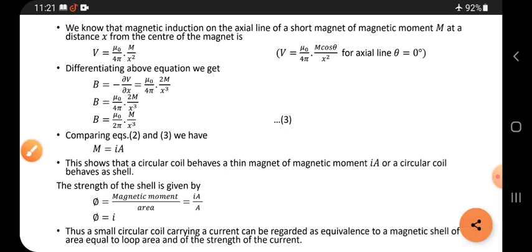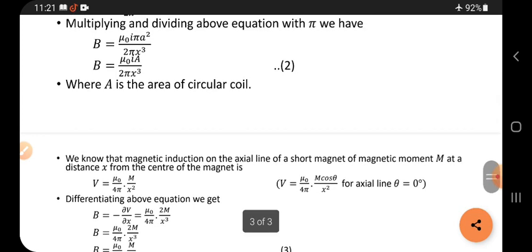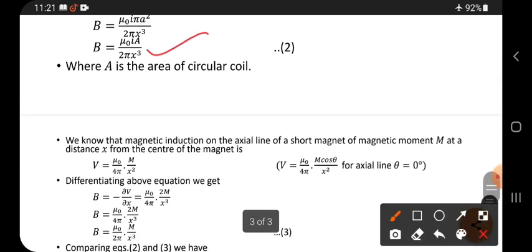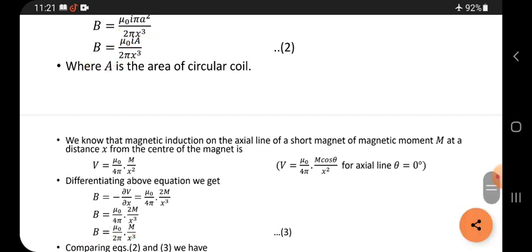Now compare equation 2 and equation 3. Equation 3 is mu naught by 4 pi into 2m by x cube. Now check these two things. Here also mu naught by 2 pi and x cube, but in the place of m we have I into A. That is the difference.